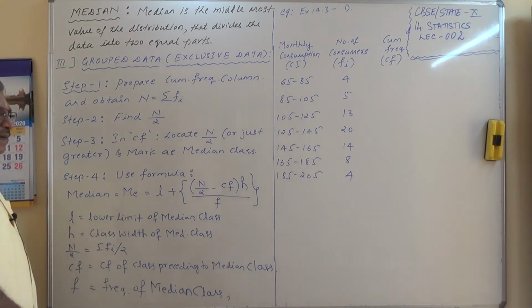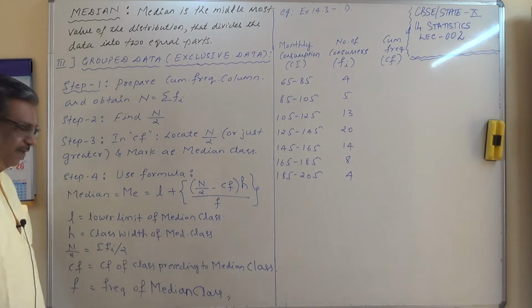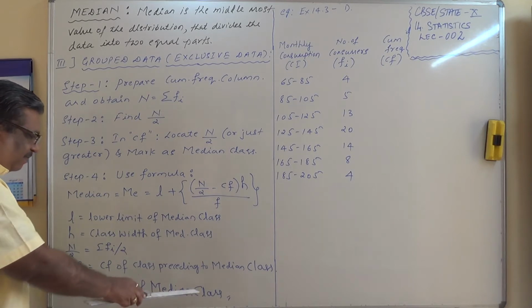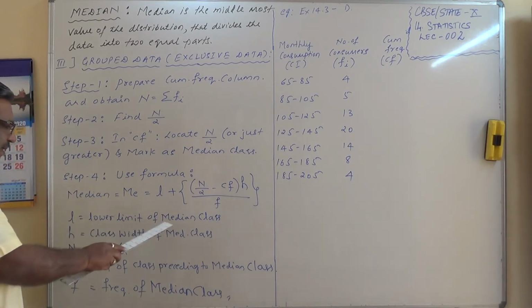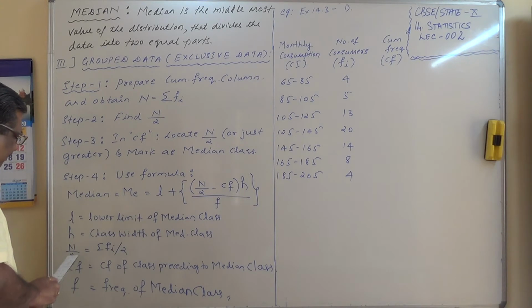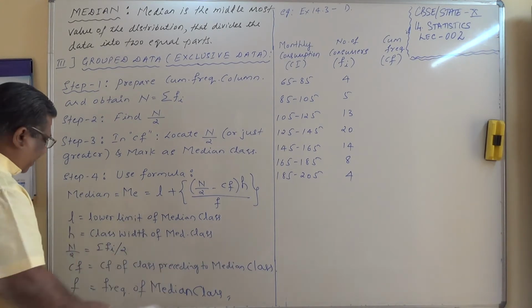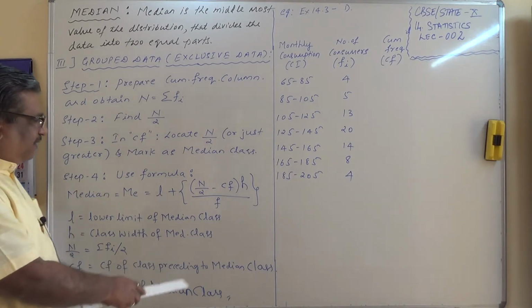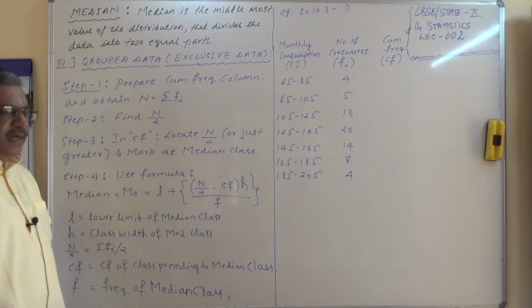While we solve the example, we'll identify this one. And f is the frequency of the median class. Once you obtain all this information, substitute the values and get the answer.